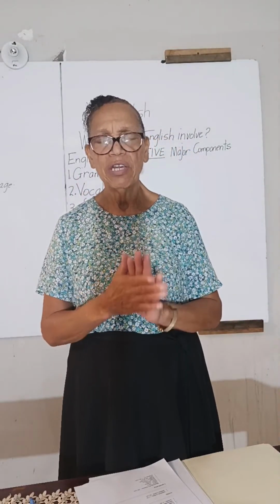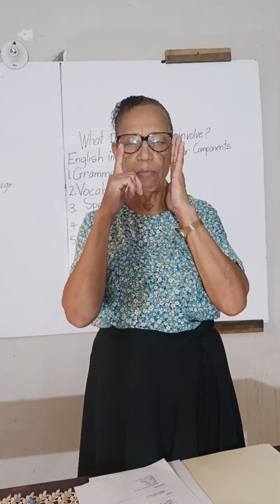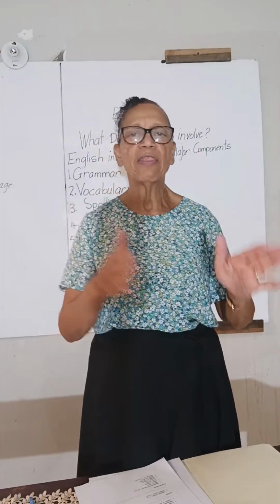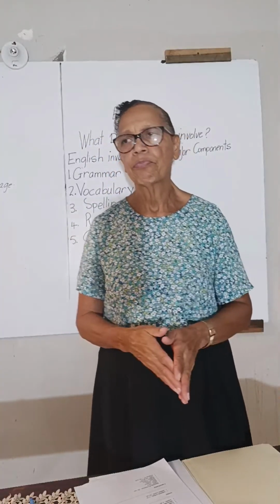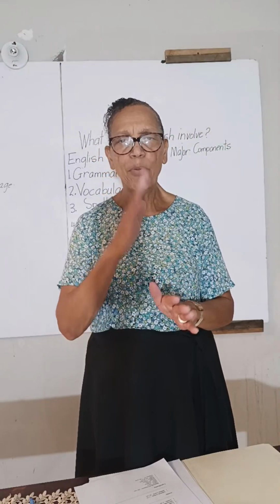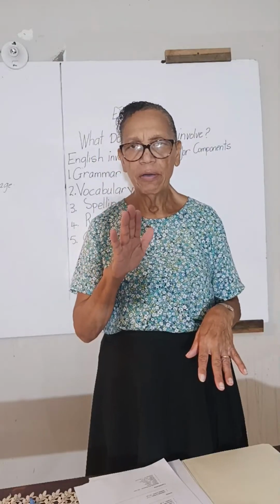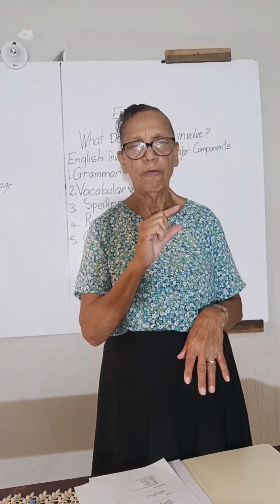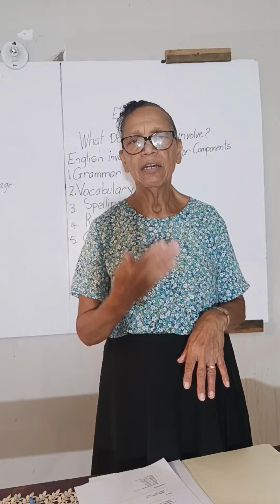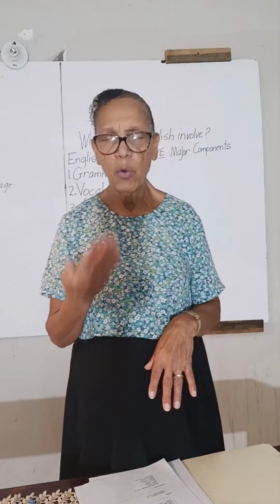Now there are 3 articles. Sometimes you'll find them under adjectives or you can find them by themselves. 3 articles: a book, any book; the book, a specific book; and we use an as an article before vowels.